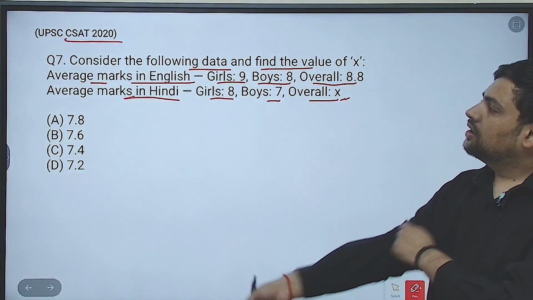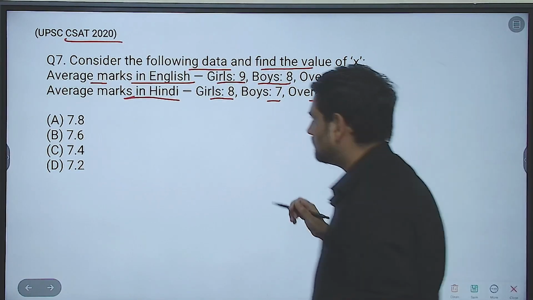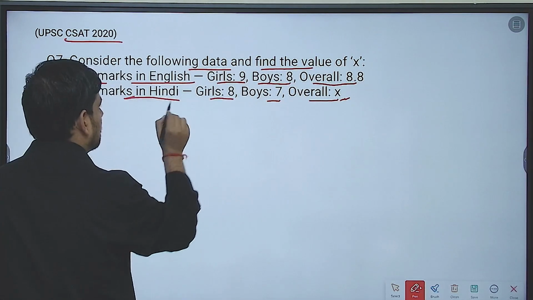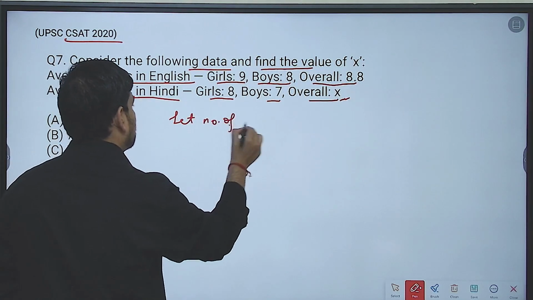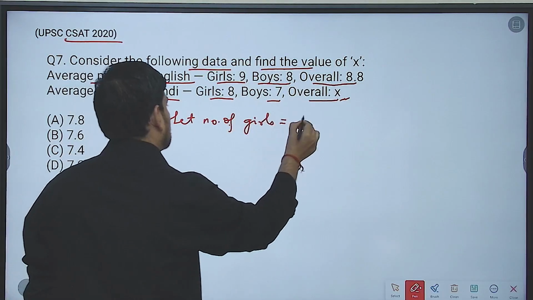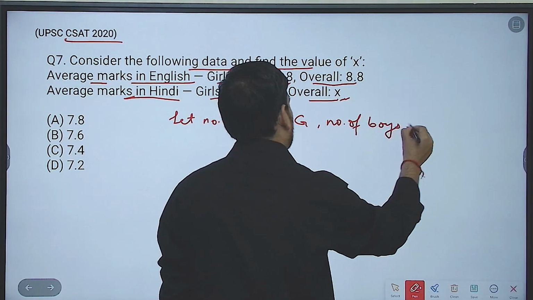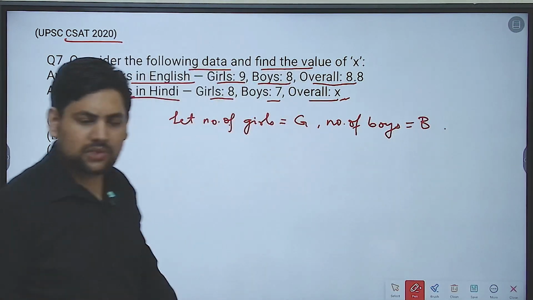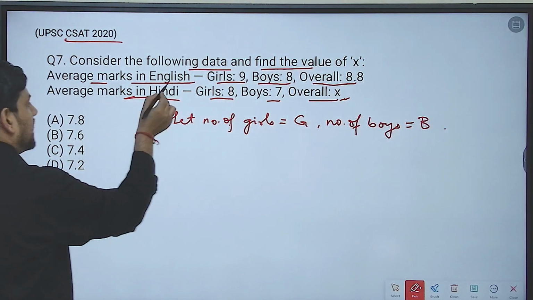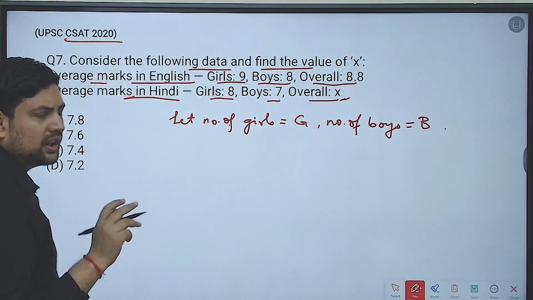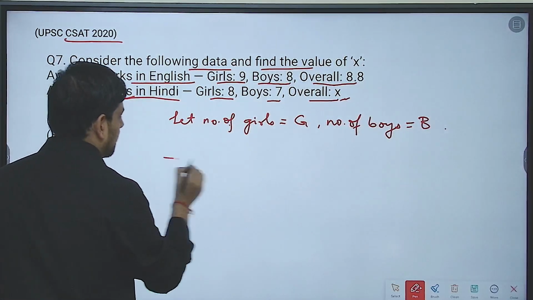So average marks in English for girls is 9, for boys is 8. Now see, let number of girls be G and number of boys be B. Now average marks in English: what will it be?